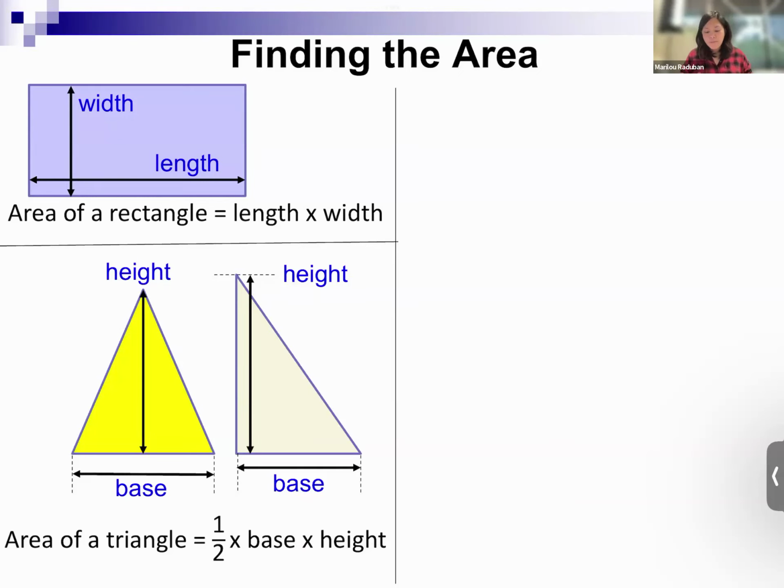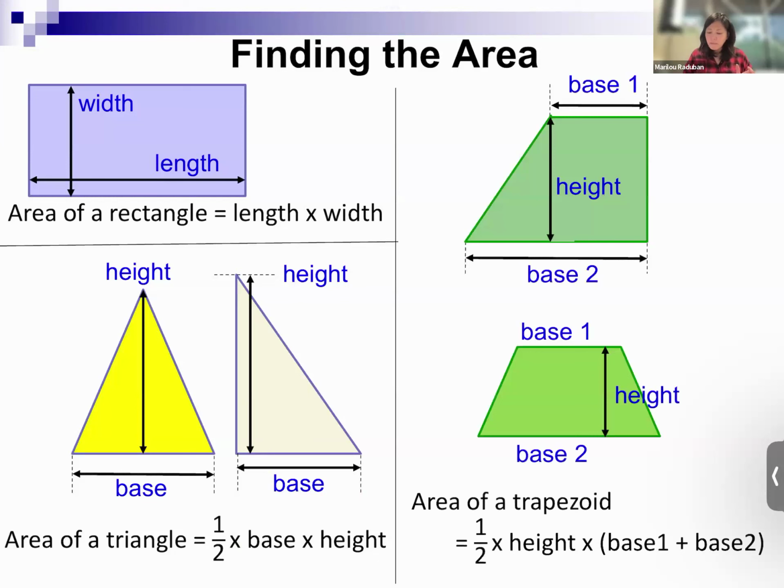There's another shape that is useful to know the area of, and it's the area of a trapezoid, because you can also divide a graph into a trapezoid. Of course, a trapezoid can be divided into a triangle and a rectangle, in which case you need to calculate two areas.